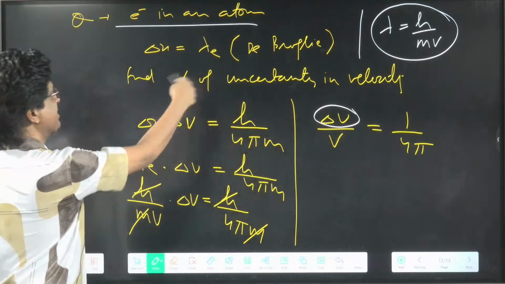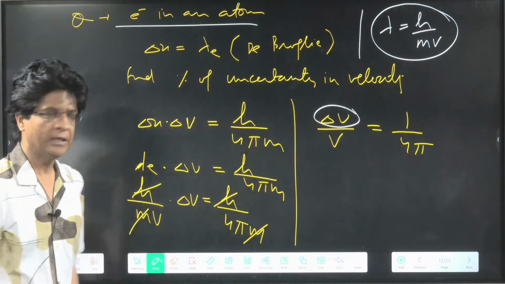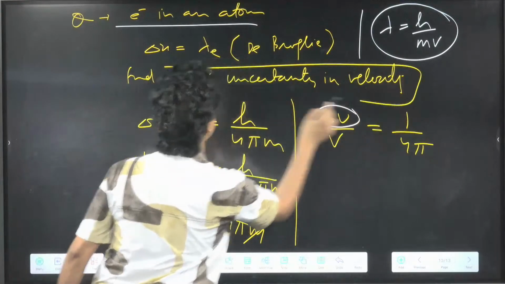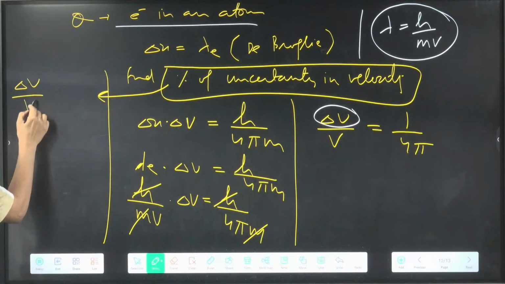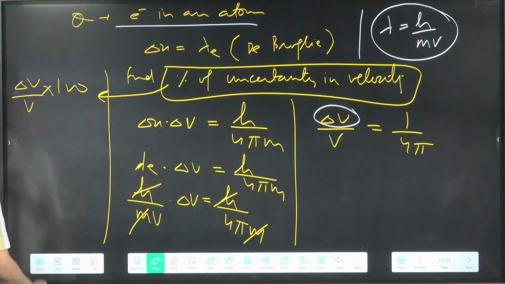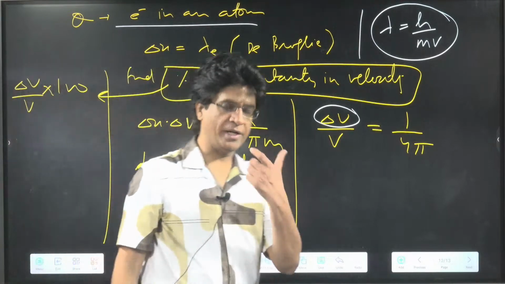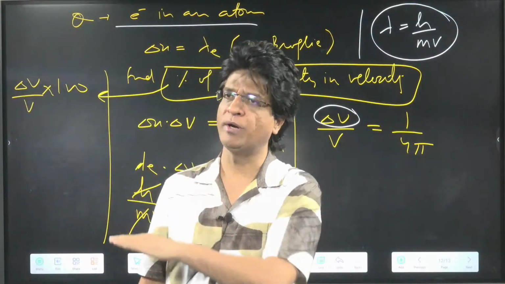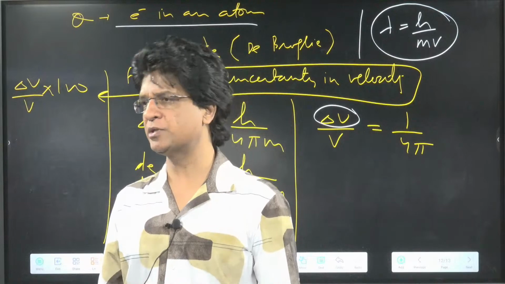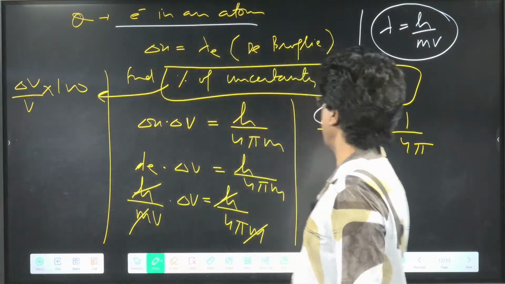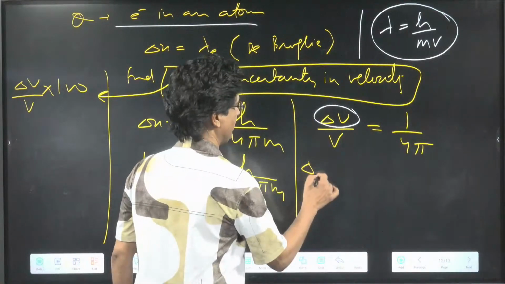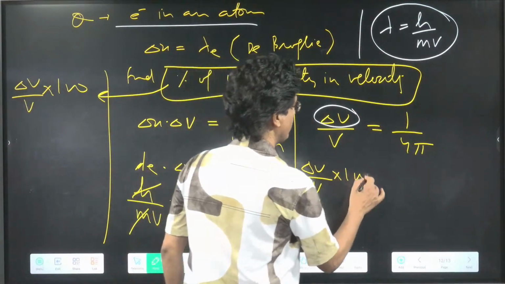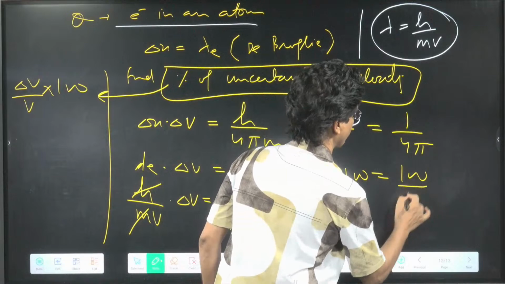And if I want to find the percentage of uncertainty in the velocity, this will be written as delta v upon v into 100. The uncertainty upon the velocity into 100 is called the percentage uncertainty. So I multiply by 100 on both sides: 100 upon 4 pi.